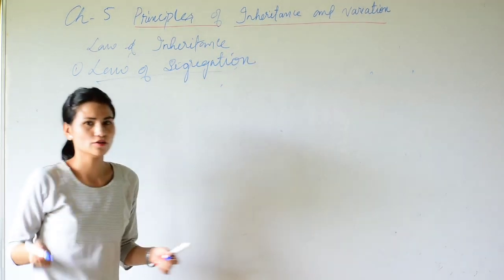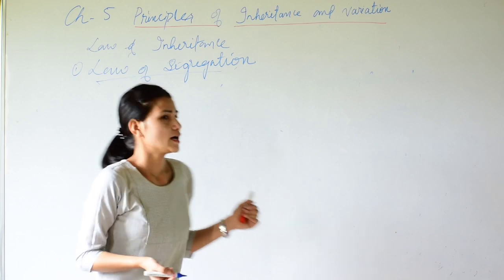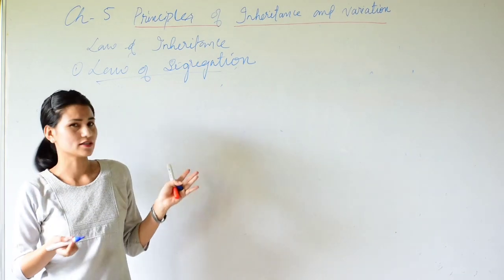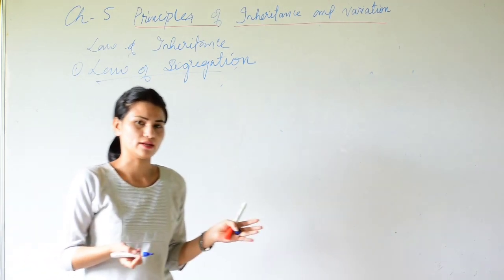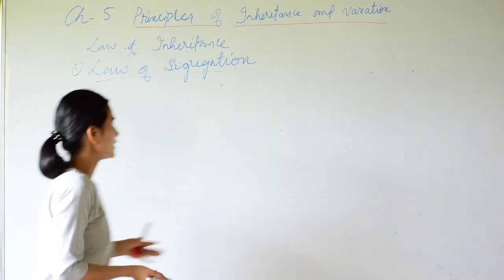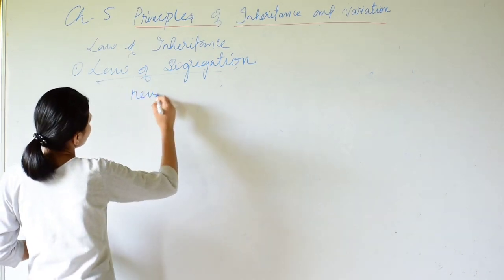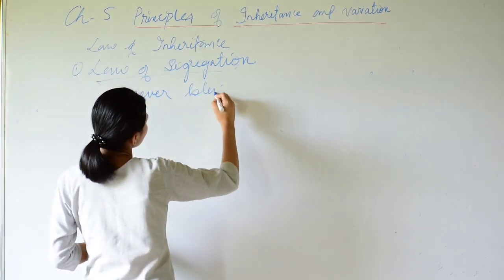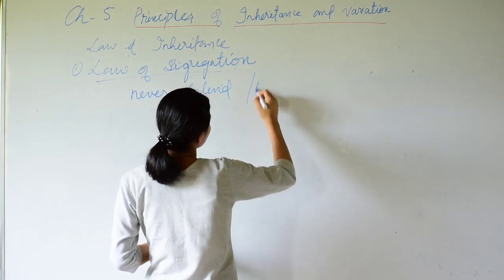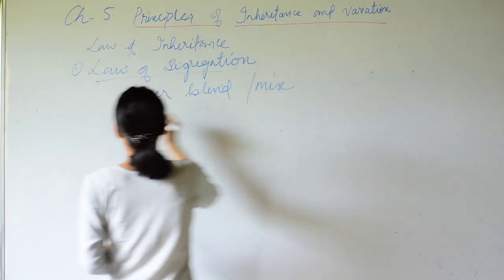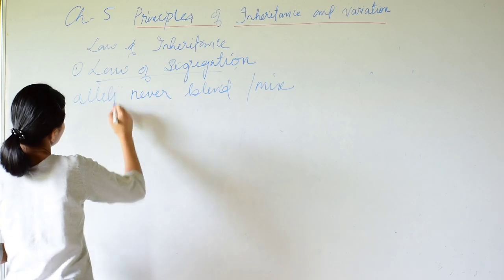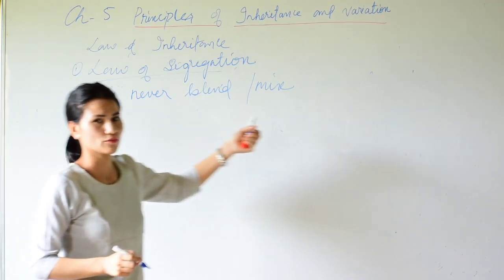The law of segregation states that the factor or the alleles never blend or mix up. Alleles never blend or mix.